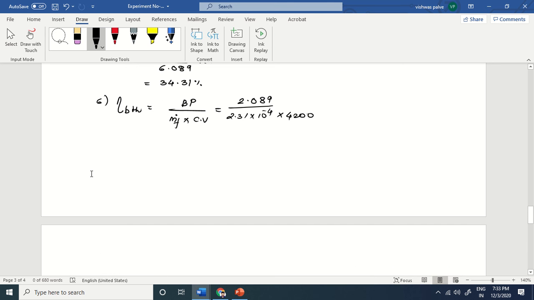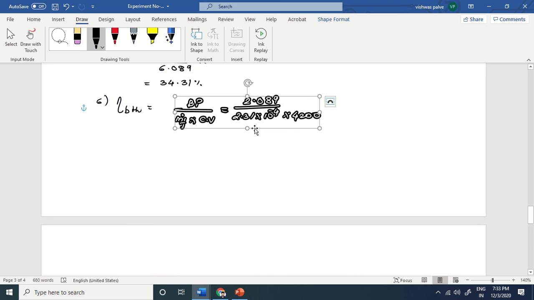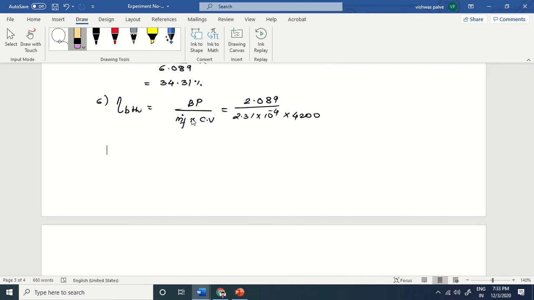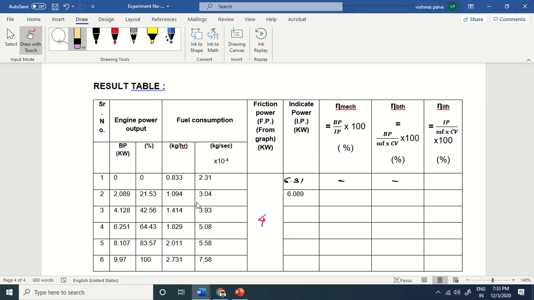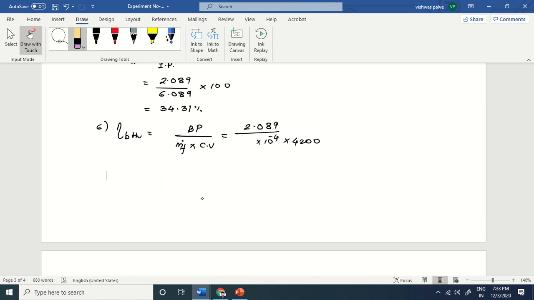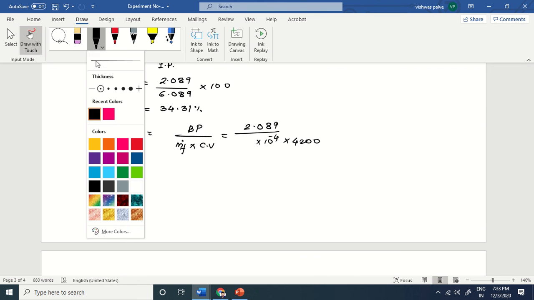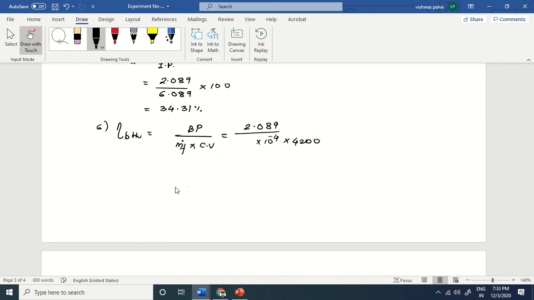Similarly, for the second reading, the value will be 3.04. So I can write here 3.04. Calculate that value and note it down.